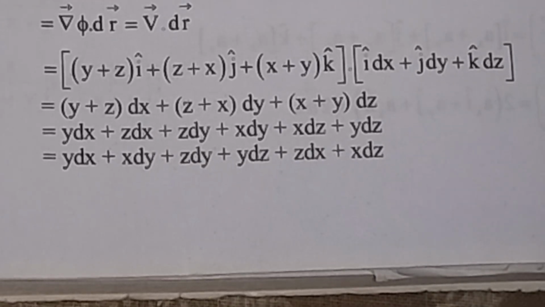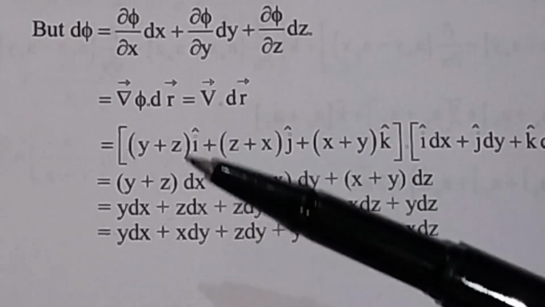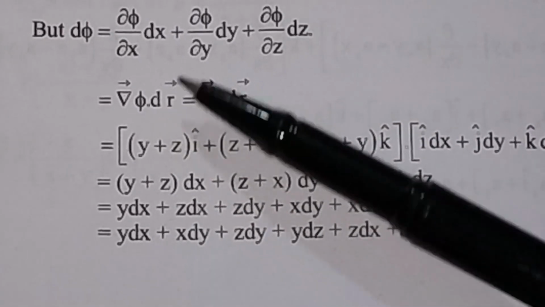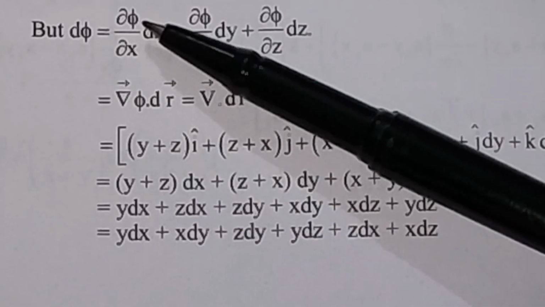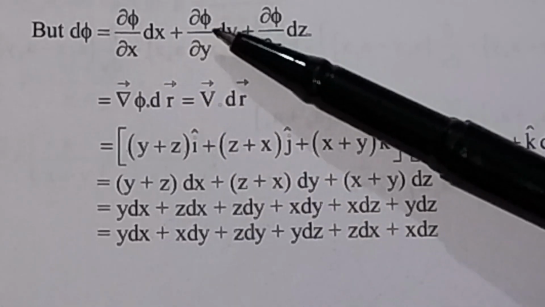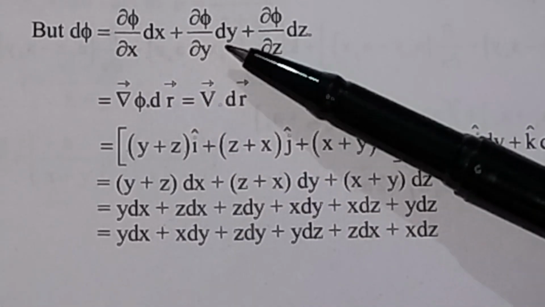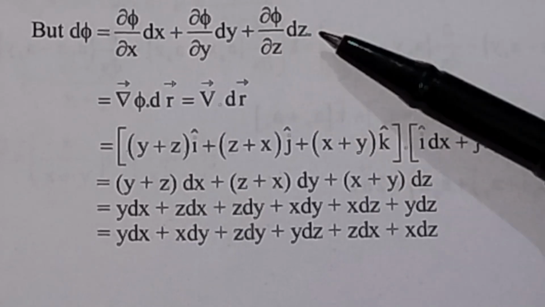Okay, and v dot dr or grad phi dot dr is equal to d phi, and d phi is equal to partial derivative of phi with respect to x into dx plus partial derivative of phi with respect to y dy plus partial derivative of phi with respect to z dz.